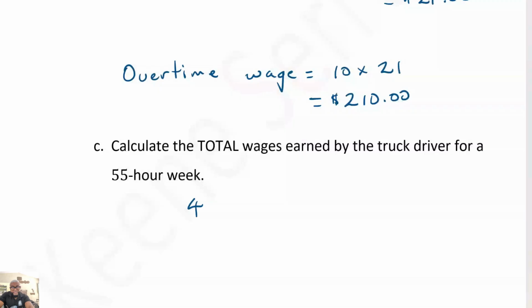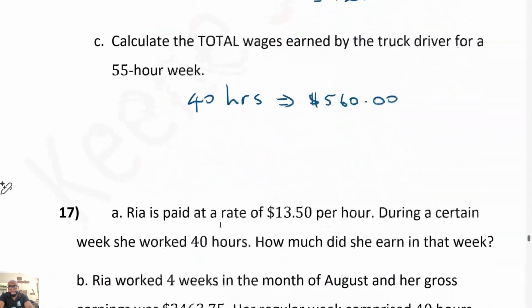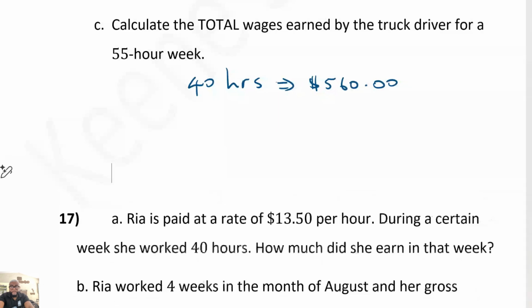So for 40 hours was what? 560? Correct? That was the first thing, 560 for 40 hours, right? Most people work for 40 hours, right? So how many hours of overtime would that mean?